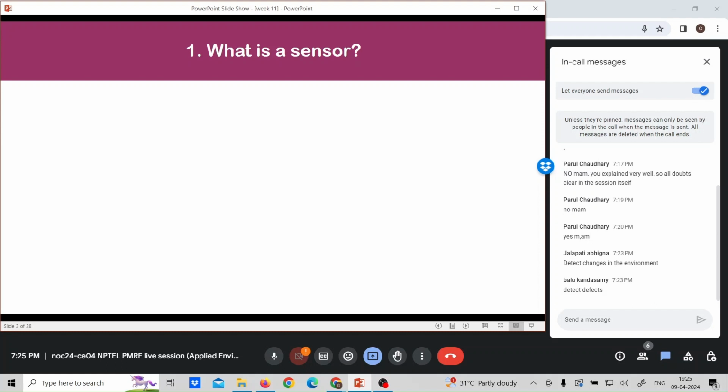So basically, a sensor in a very raw sense means something that senses. As the name suggests, a sensor can be a device or a system that basically senses something. That is why it's called a sensor. We use sensors in multiple places. The basis of a sensor comes from the domain of electronics engineering or electrical engineering.